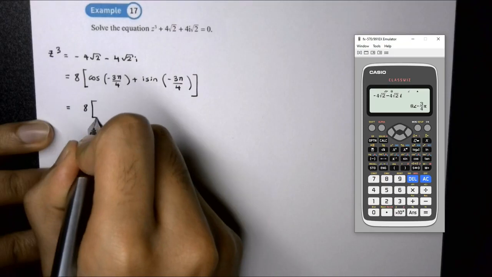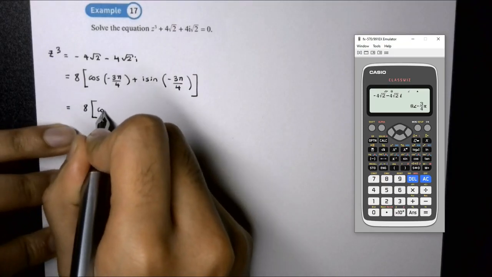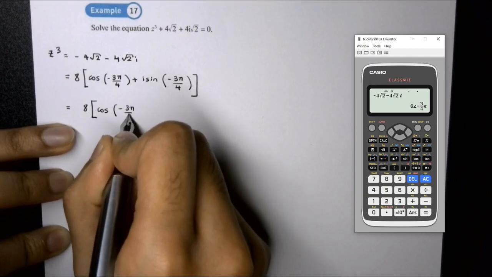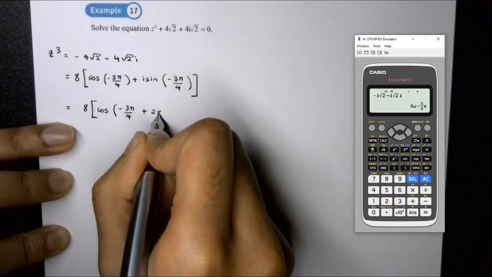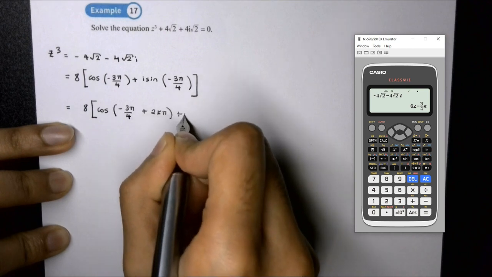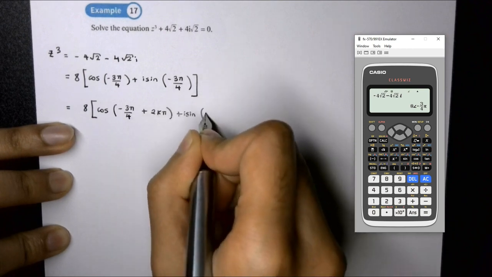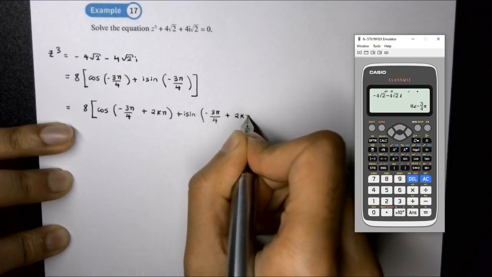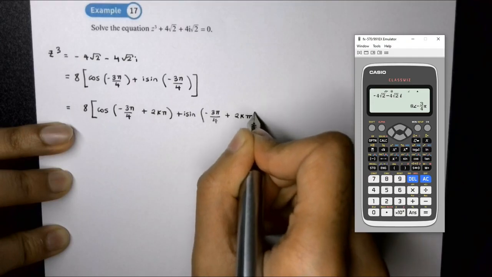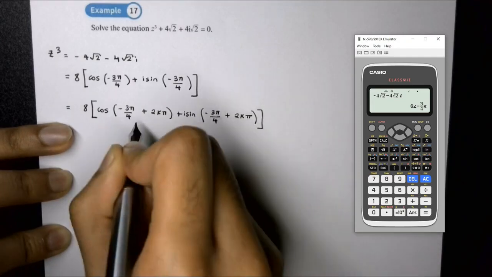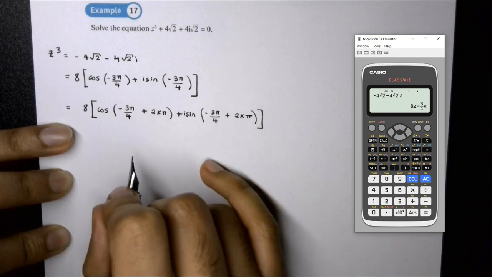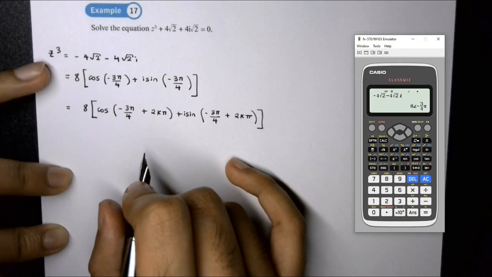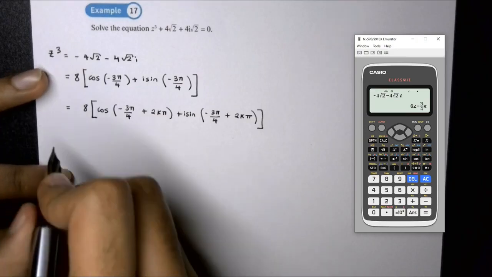So if we do that, hopefully here you can see we have 8 lots of the cosine of -3 pi over 4 plus 2k pi plus i times the sine of -3 pi over 4 plus 2k lots of pi. Okay? And what we will now do is cube root both sides.